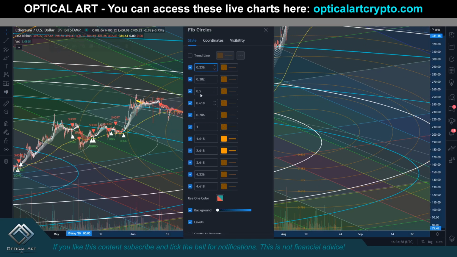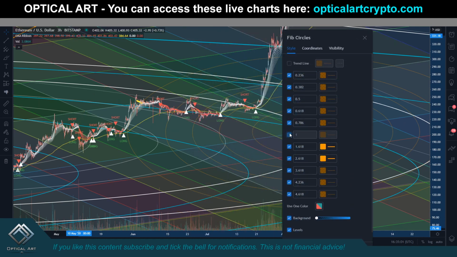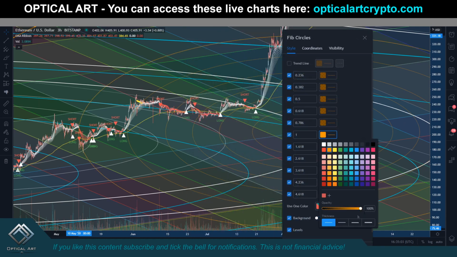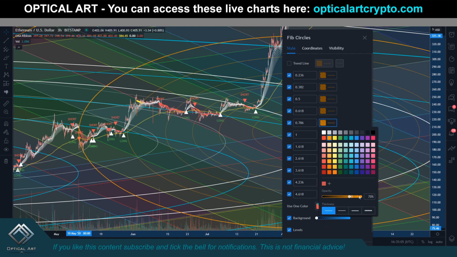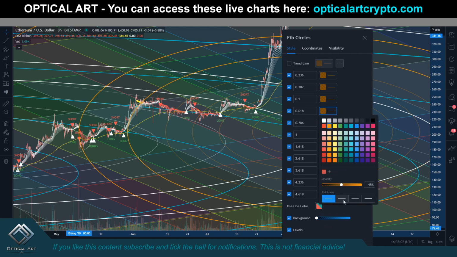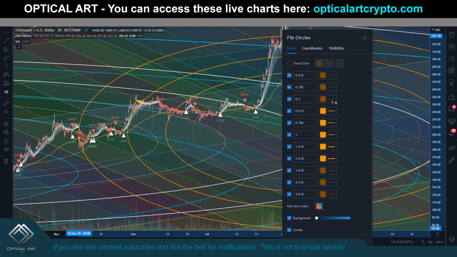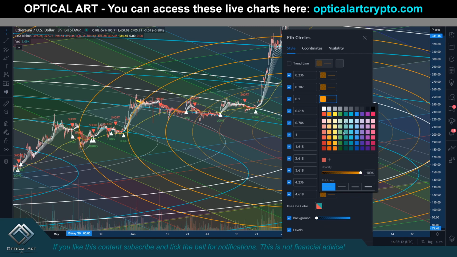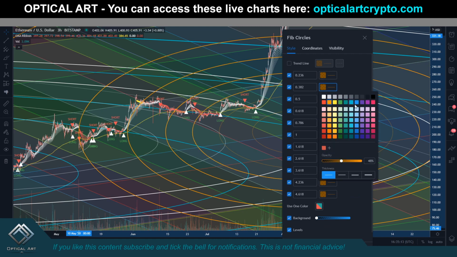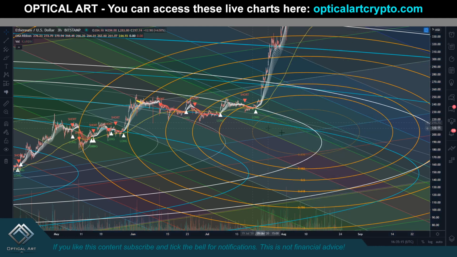Let me turn this on, make this a little brighter so you can see them. So this is what I'm saying. When you see how well price is respecting a fib circle, you see resistance, pivot, resistance, resistance.